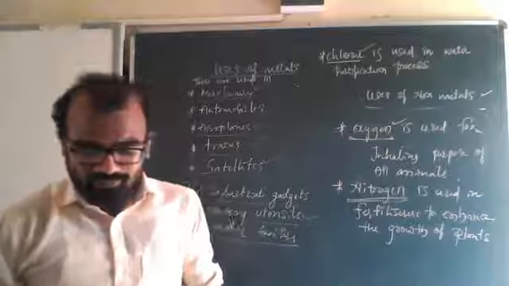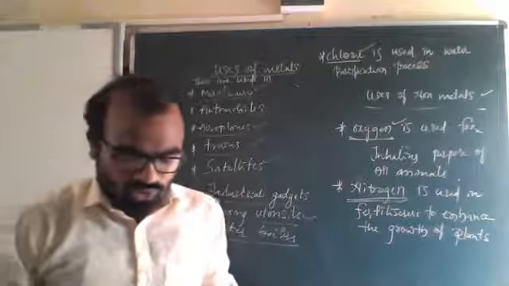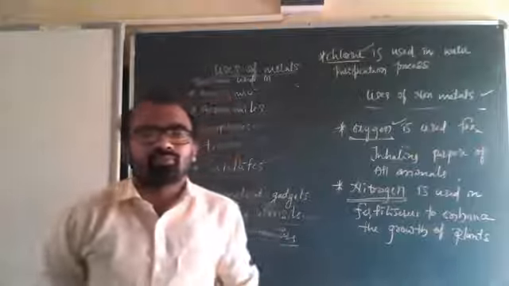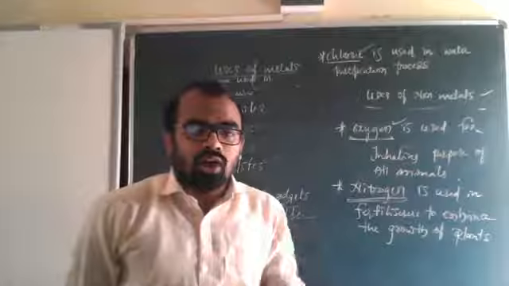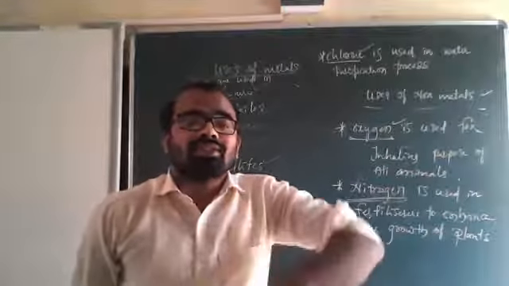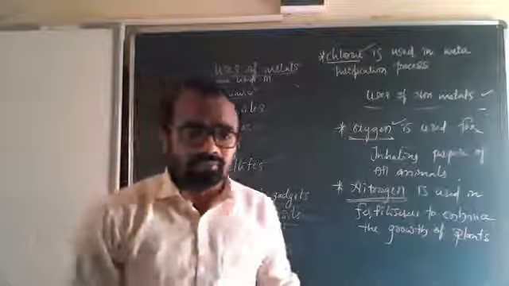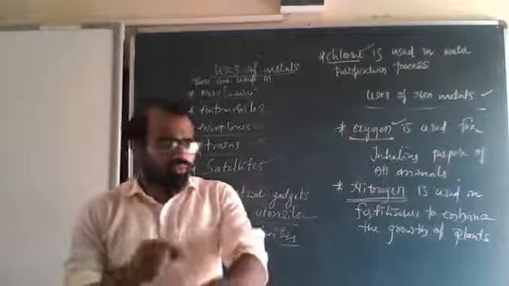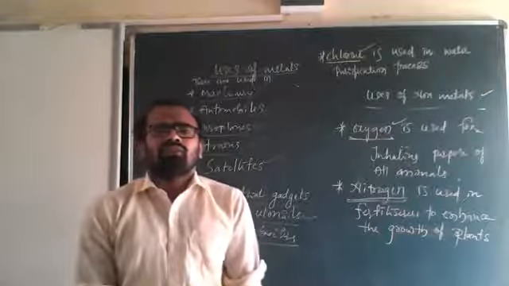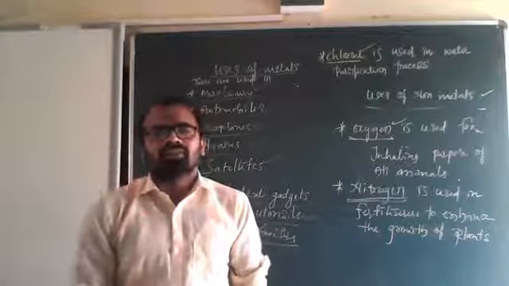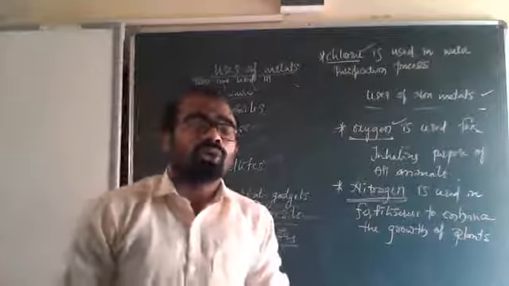And the fourth one: non-metal used in the purple colored solution which is applied on wounds as an antiseptic. If you have gone to any hospital with a wound, in a government hospital or any other hospital, they will give you an ointment, and you can read there that it is an iodine ointment.